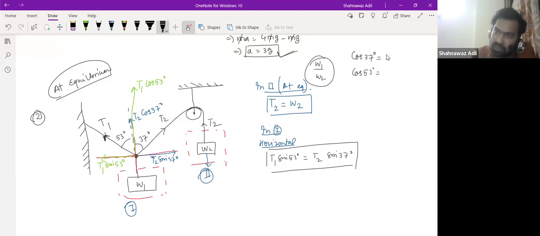Yes, so this was 4 by 5. So cos 37 is 4 by 5. Yes, absolutely correct. And this cos 37 is equal to sine of 53, that is 4 by 5. And sine 37 is 3 by 5, and this is equal to cos 53.